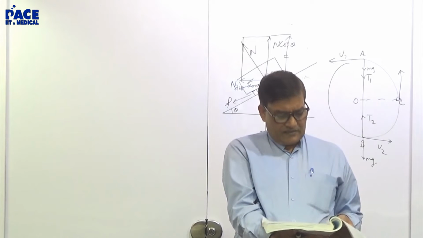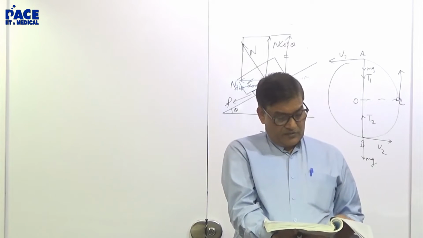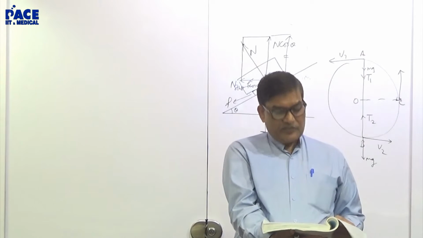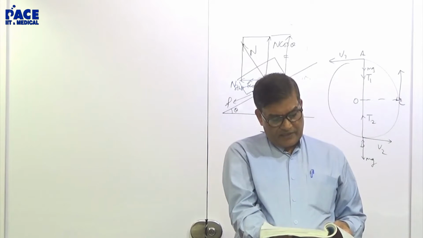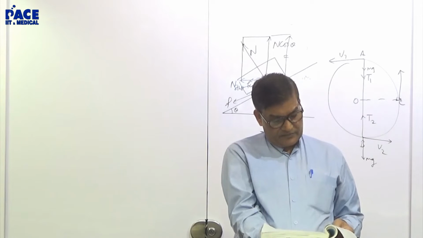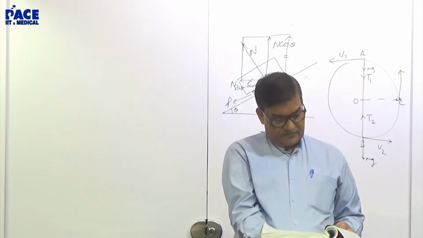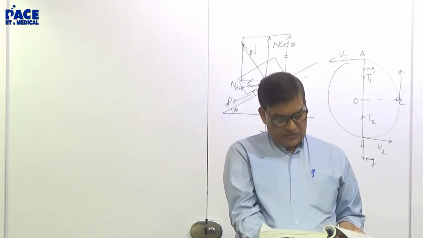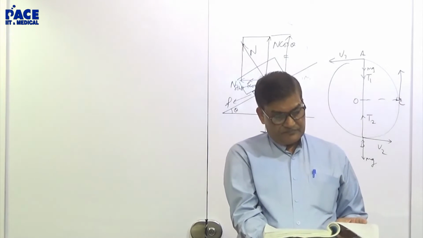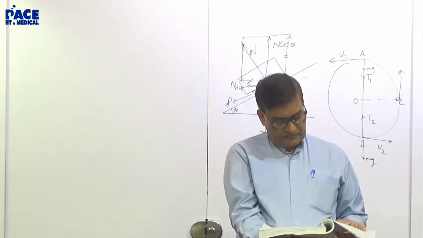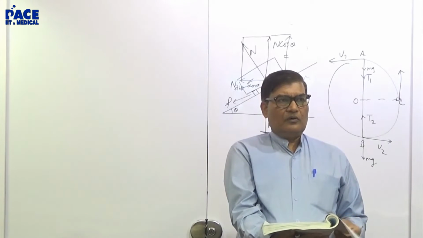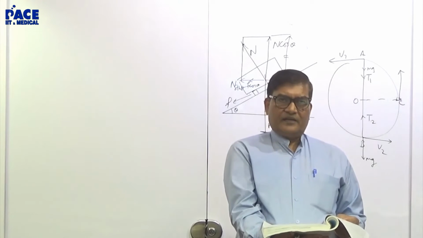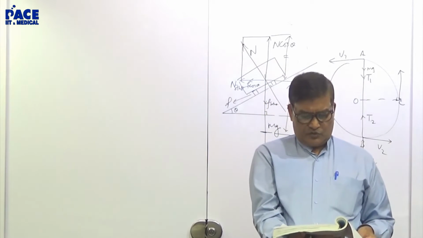Then as an odd question, figure 5.7, stress strain curve for elastic tissue of aorta, the large tube carrying blood from the heart. The diagram is given. So this specific diagram can come as an MCQ or as a diagram to draw.